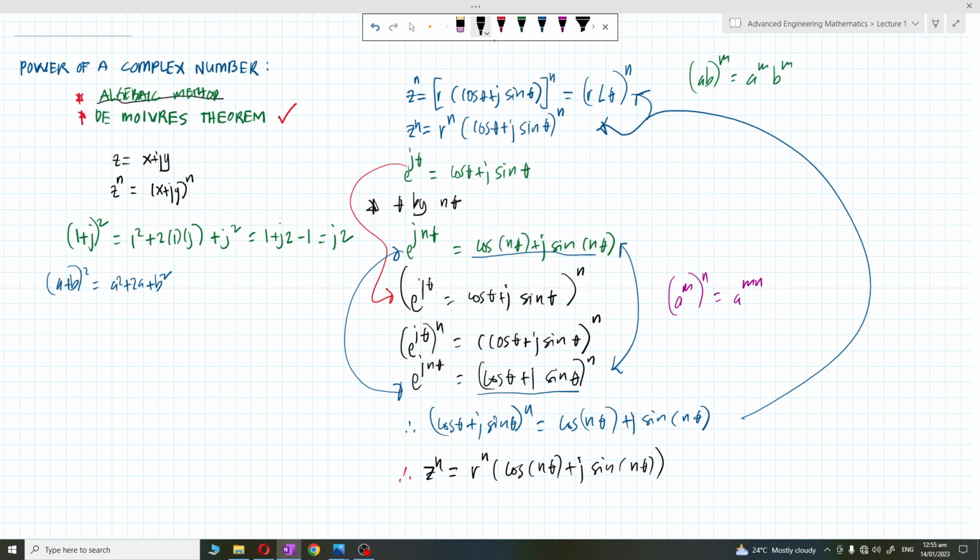And similarly for this part, what you just do is replace theta by n theta. So in polar form, that is r raised to n and then cis of n theta. That is how simple it is to use De Moivre's theorem. Just know the equivalent polar or trigonometric form and apply this theorem.